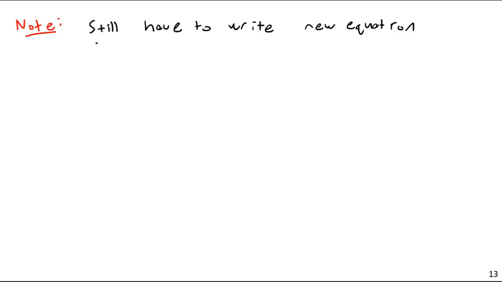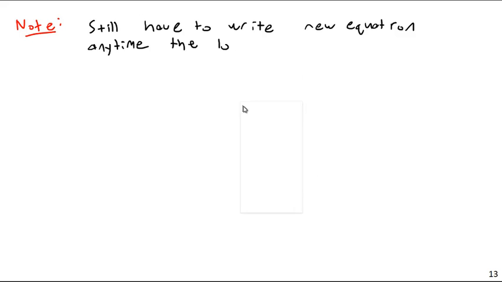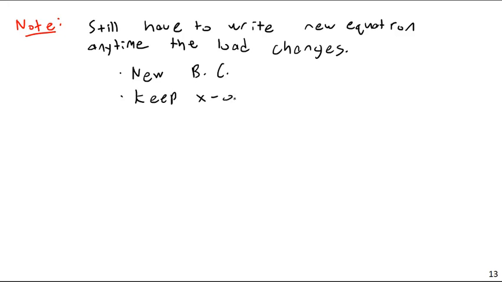Write a new equation anytime the load changes. In other words, you get a new boundary condition, but we keep the x origin the same.